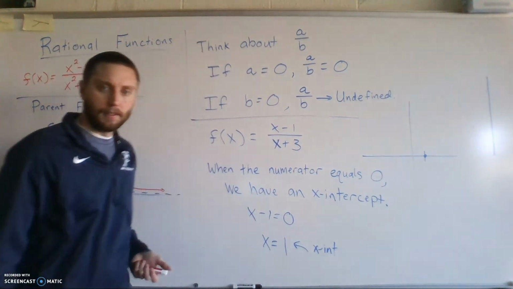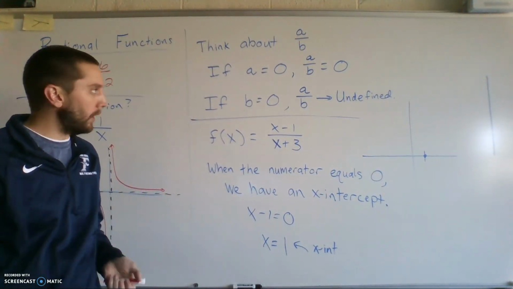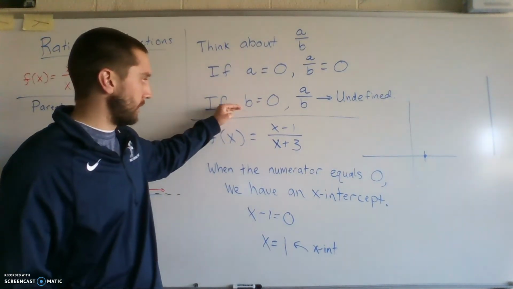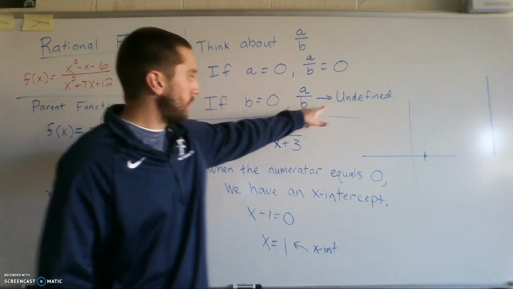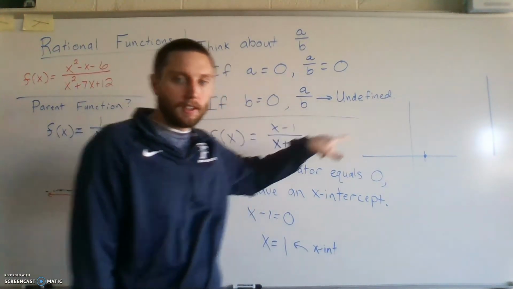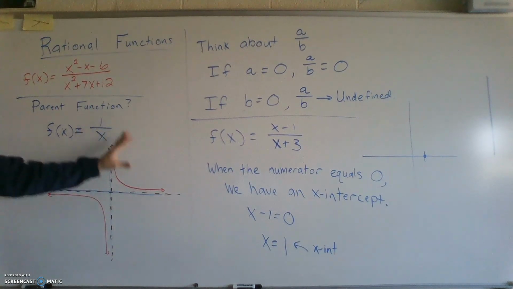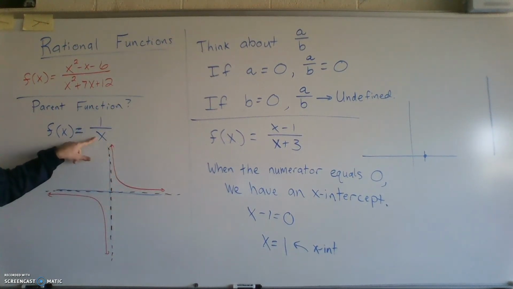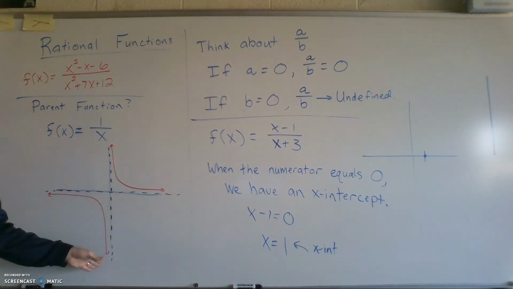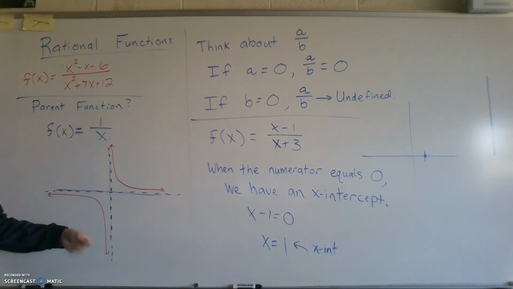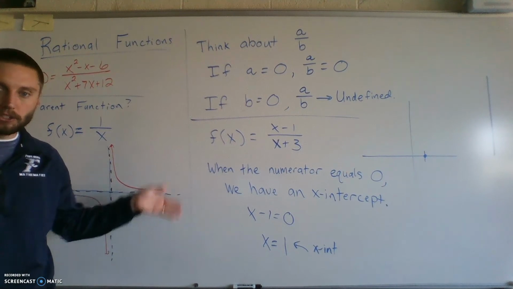So what do you think is going to happen when the bottom equals 0? Well, if we come back to our fraction example, we said when the bottom equals 0, our function is undefined. And coming back to our parent function, when the bottom equals 0, we get undefined.